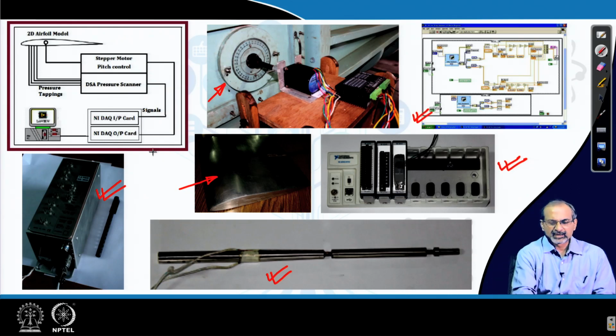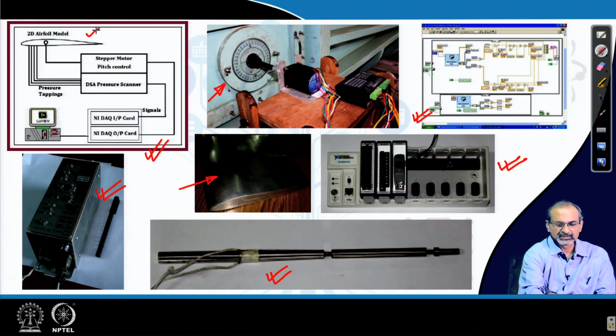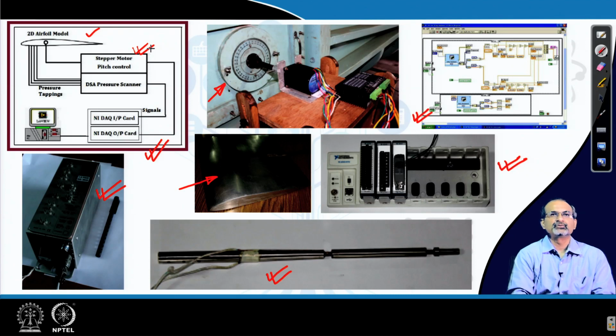This entire process is schematically shown in a diagram like this, where you have the model here, and the necessary electronic instrumentation to change its orientation, to obtain pressure, to obtain forces, etc. These electrical signals are provided to a signal conditioner, where you can do a number of functionalities.